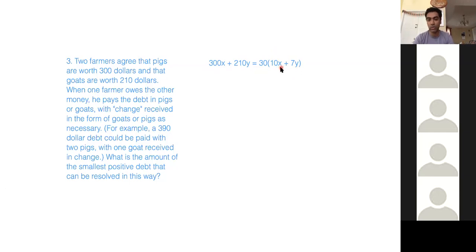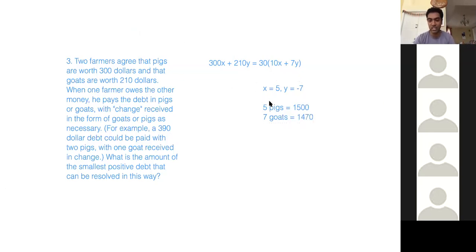I can find a value here, let's say x is 5 and y is minus 7 as one example. So this is equivalent to trading 5 pigs, which are worth $1,500, and 7 goats, which are worth $1,470.